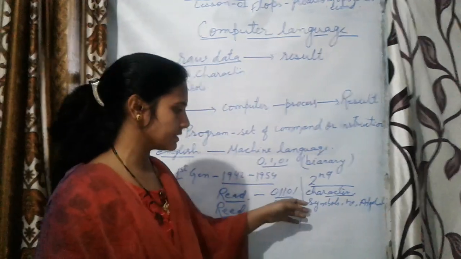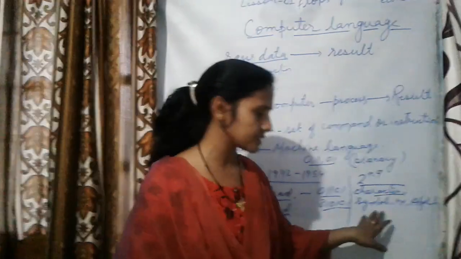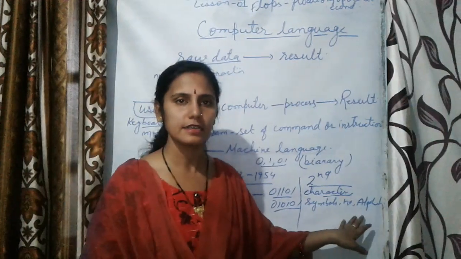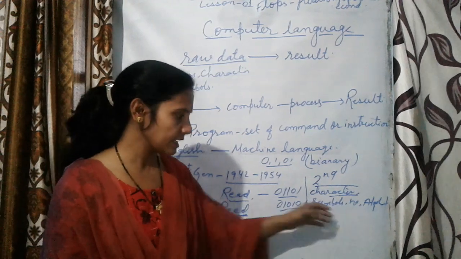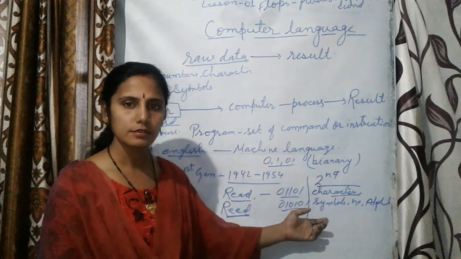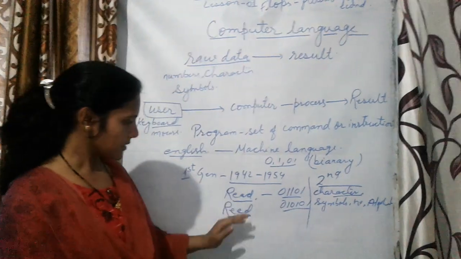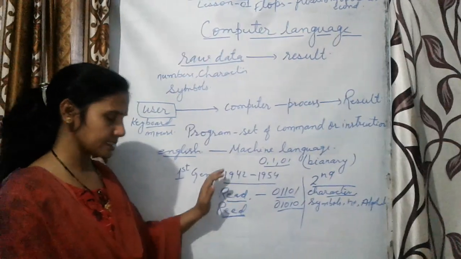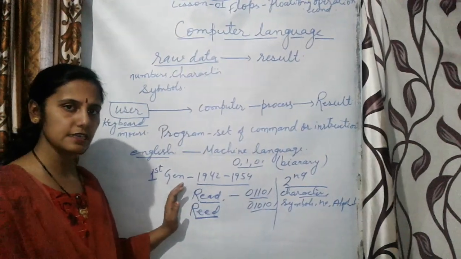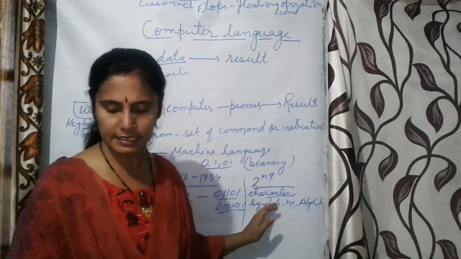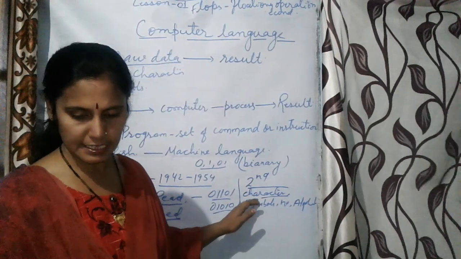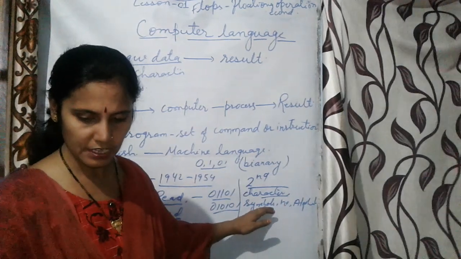So once they started using these symbols, numbers and characters, they could find the problem very easily, and it is very easy to use also. Here you can see the difficulties. If we are finding the difficulties in binary, it is very difficult. But if we are using a second generation language, we can find the problem very easily.